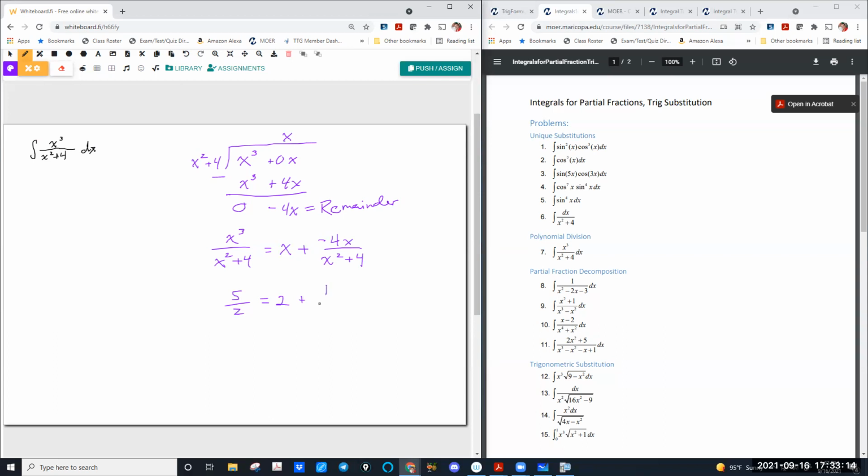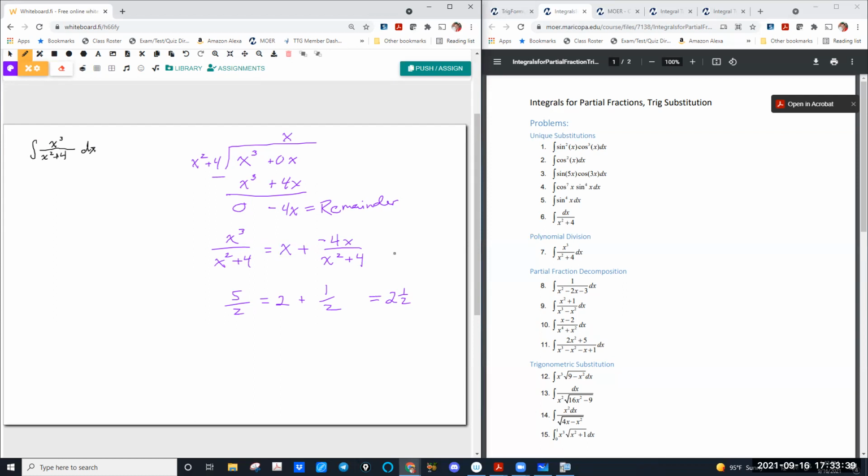We have a remainder of 1, and we're dividing by 2. So as a mixed number, 5/2 is 2 and 1/2, or 2.5. This is the same thing, guys. It's pretty cool, right? We've been doing it with numbers for years. We can do the exact same algorithms with polynomials.